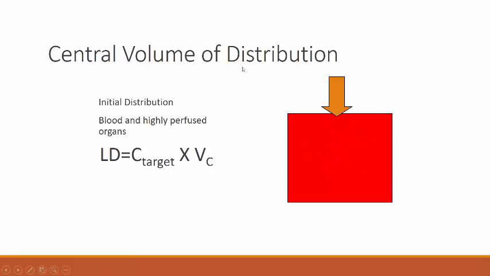Now the central volume of distribution is that piece of the patient where the drug will initially distribute. So when we give a drug IV, for example by IV bolus, what volume does the drug initially go into?